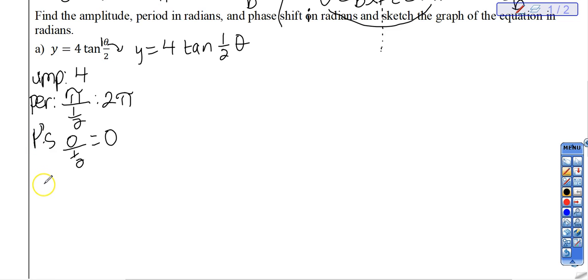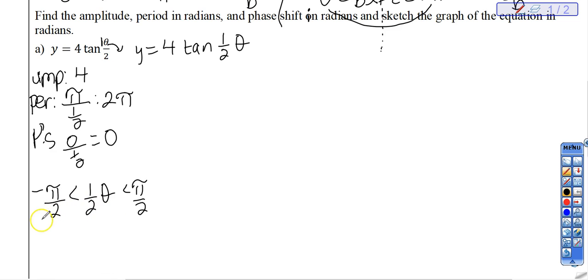And then one cycle. Remember that we start one cycle of the tangent function at negative pi over 2 less than bx plus c, so that would be half theta, less than pi over 2. And what we're going to do is move the vertical asymptote by isolating theta.